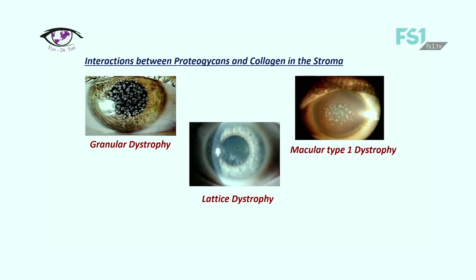And the last example is macular type 1 dystrophy. It appears due to abnormal keratan sulfate synthesis. In this type of dystrophy, the cornea synthesizes a lactosaminoglycan proteoglycan rather than keratan sulfate. This abnormal keratan sulfate is localized in the stroma but has no association with collagen.